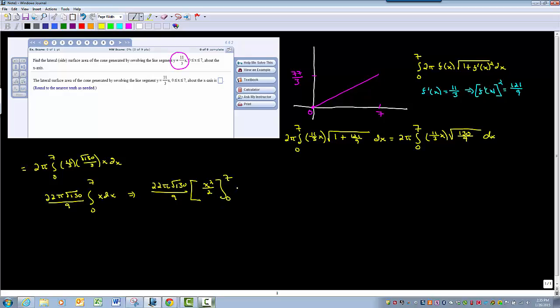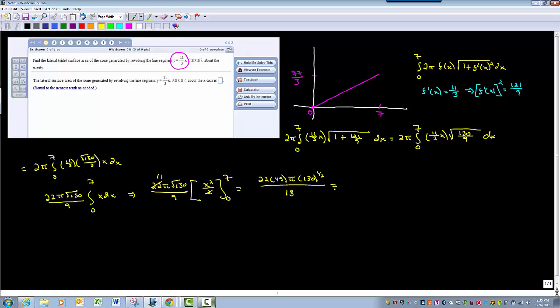At 0, there's nothing, so we'll just plug in the 7. That'll be 49 over 2. So this is 22 times 49 times pi times the square root of 130 over 18. Now, I could just cancel this 2 with this and make this 11. That might be a little bit faster.